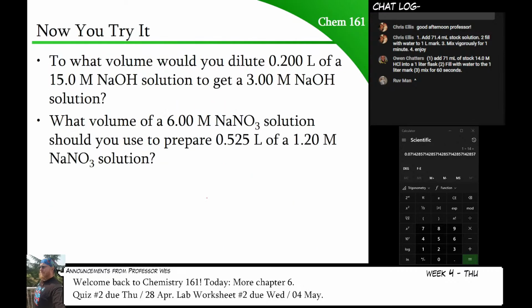All right. I have another one of these. I have 2 of these, actually. The first problem is actually different than the second problem. So I'm going to do the first problem for you. I'll leave the second problem because it's just another dilution. But go ahead and try both of these problems.